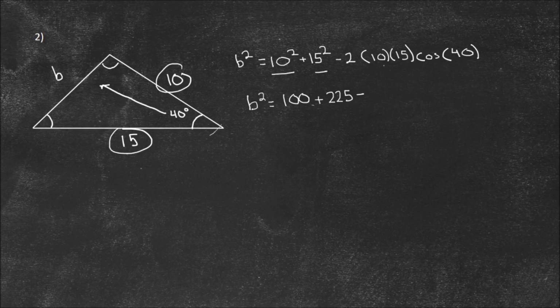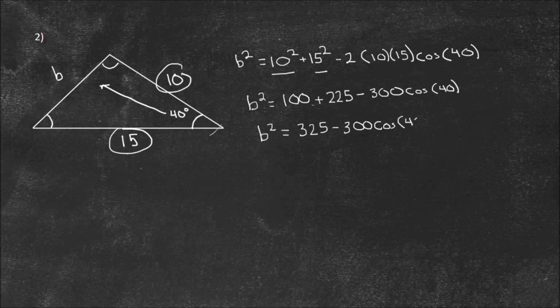Minus, well, 2 times 10 is 20 times 15. 20 times 15 is 300. Minus 300 cosine of 40. Alright, and so now I'll get b squared equals 100 plus 225 is 325 minus 300 cosine of 40. And I think that's as far as I'm going to try to go by hand.